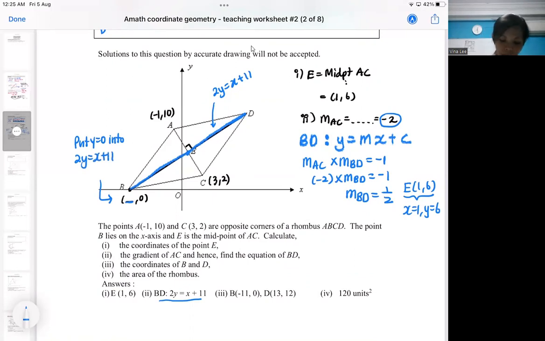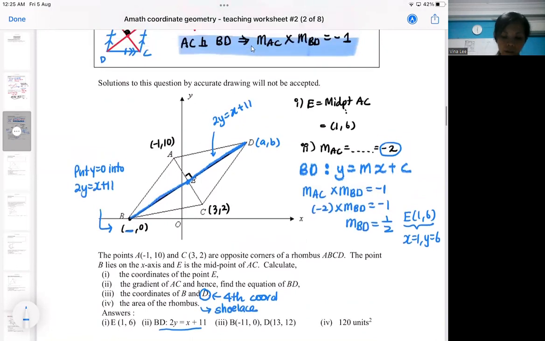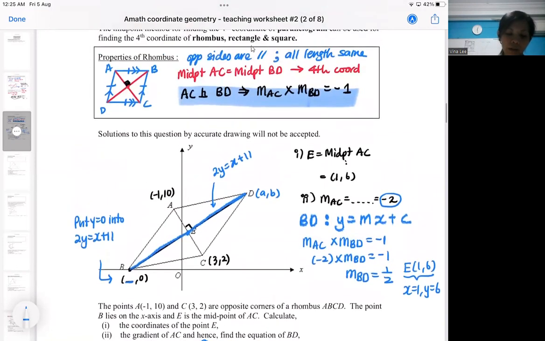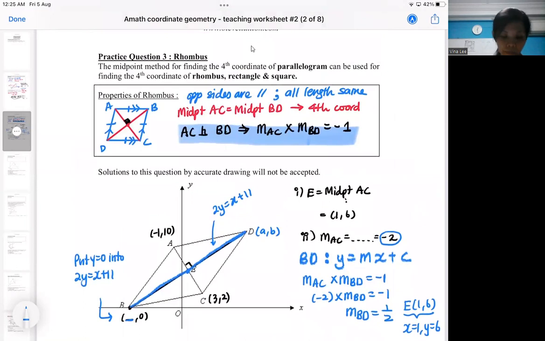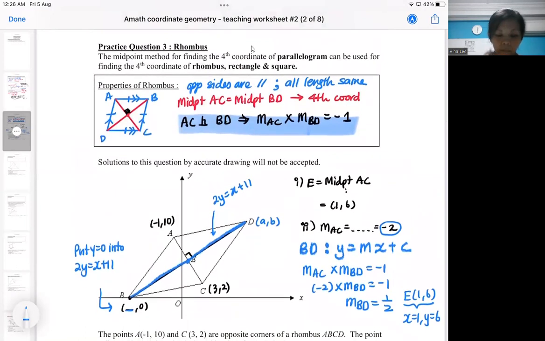And then to get D, you will apply the fourth coordinate idea, like the parallelogram. So you can let this be AB. And then area, shoelace. So you give it a try and see whether you can complete the whole question nicely. So you will find the midpoint is quite repetitive for the specific shape.